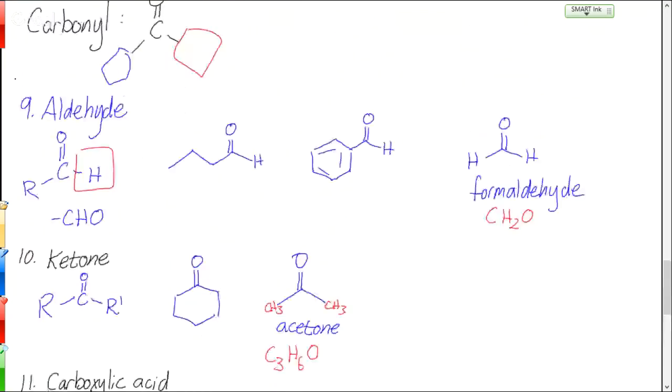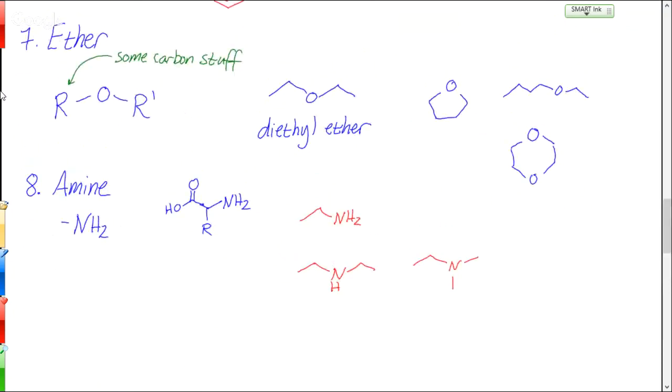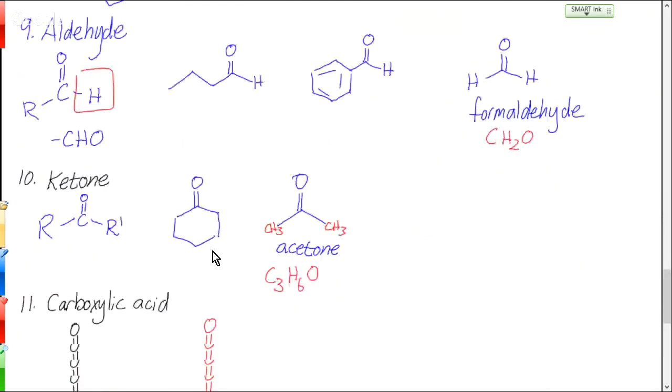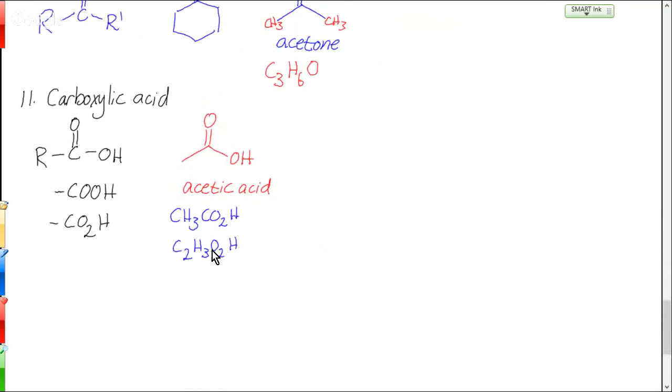Carboxylic acid then is the other half of, let's go back up here, the amino acid. So you've got the amine on one side, the acid on the other side, and that makes your amino acid. Most of these acids are named with something ic and then acid, so acetic acid, just like our other acids that we've looked at.